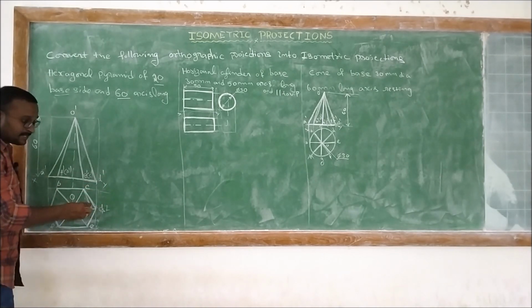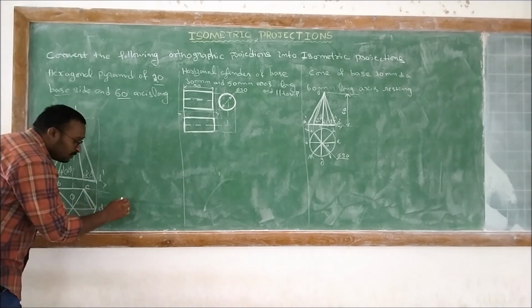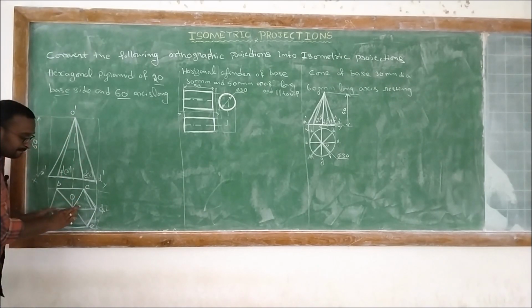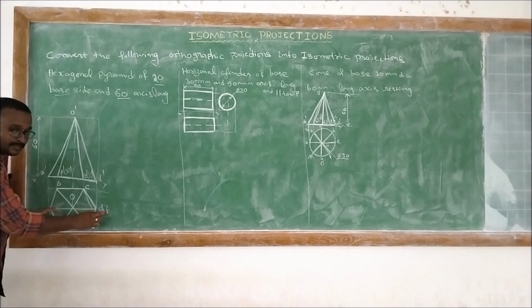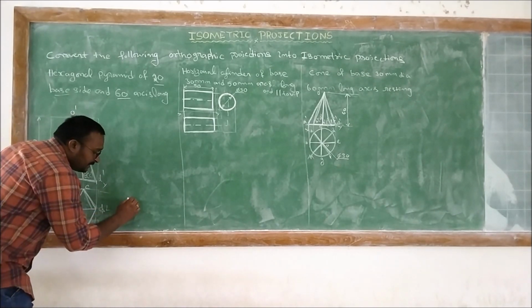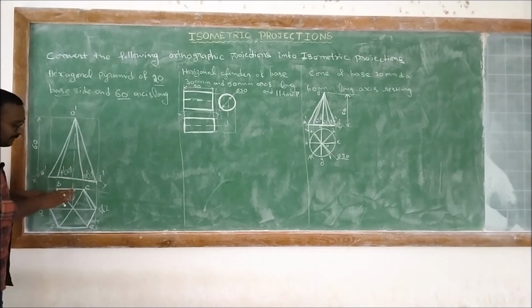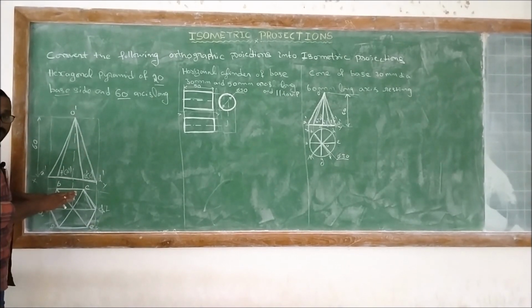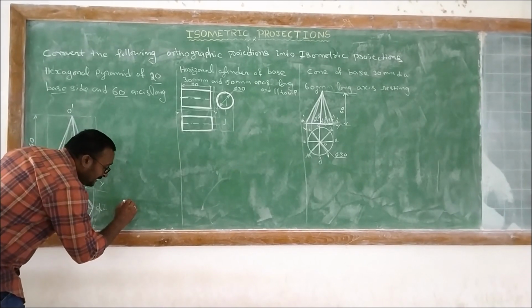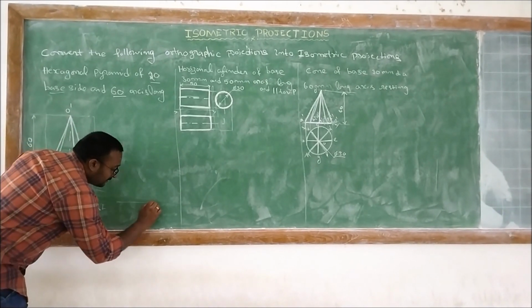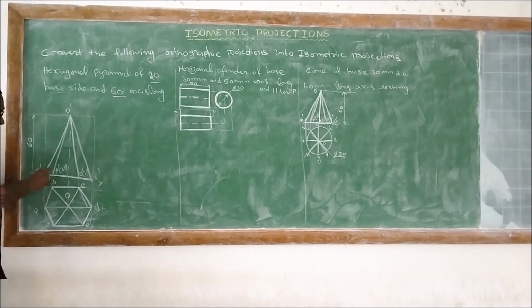So in this case, we must draw this box with the given dimensions, right? Initially it is resting with its base on HP, so we are going to place the 30 degrees inclination. The vertical line should be vertical and the horizontal lines must be inclined at an angle of 30 degrees to the ground.